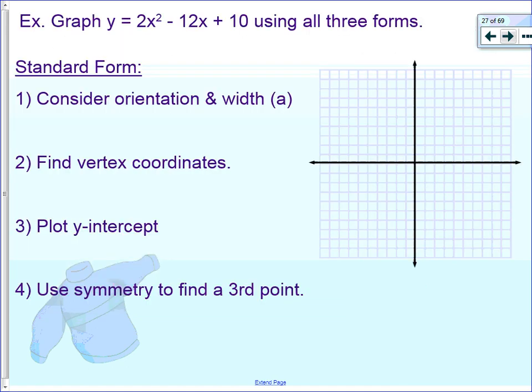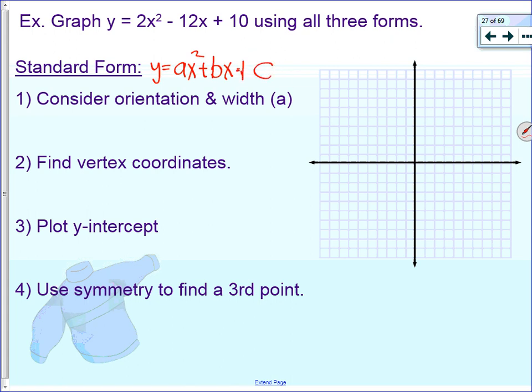So consider the orientation and the width. The a value for this is 2, because it's 2x squared. So that means it's an upward parabola. And that means once we get our vertex from there, we're going to go up 2 and over 1 to get to two other points that our parabola travels through.